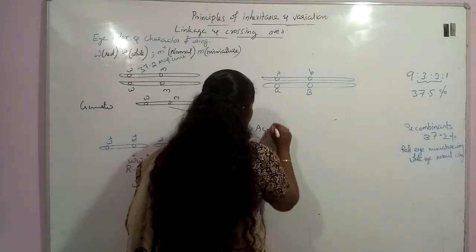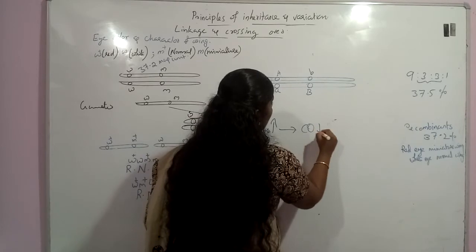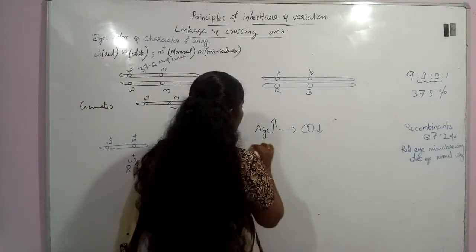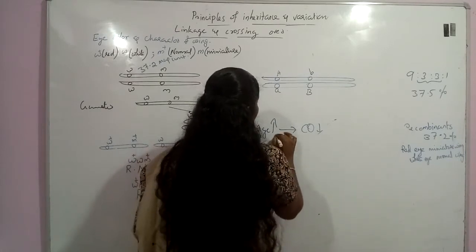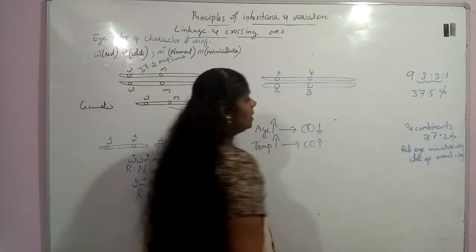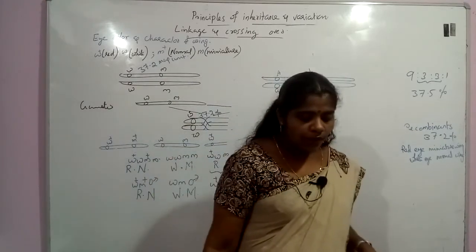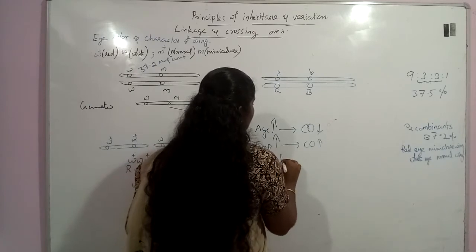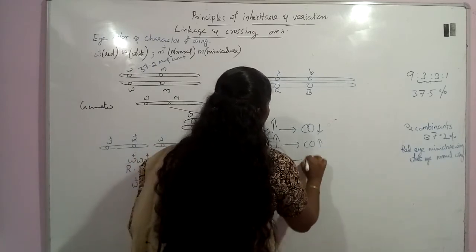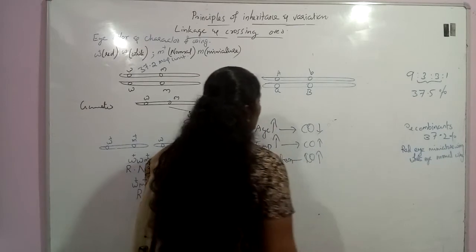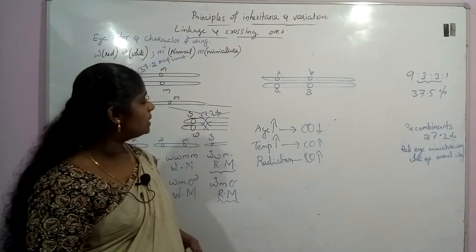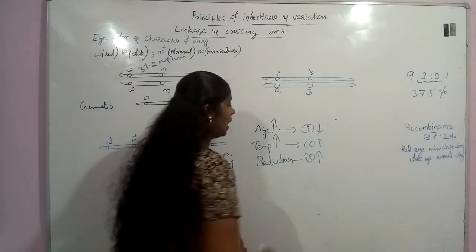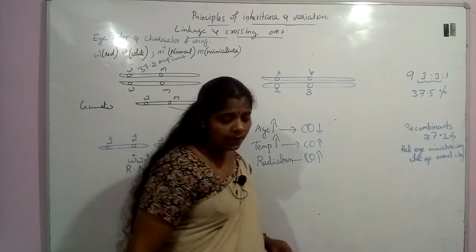When temperature is increased, the crossover frequency also increases. Radiation hitting the chromosome will increase the crossover or recombination frequency.